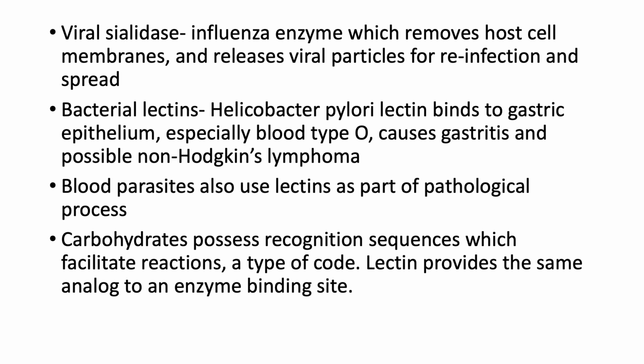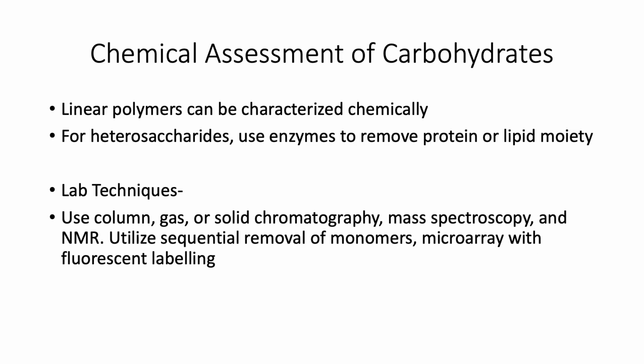Carbohydrates possess recognition sequences which facilitate reactions. This is a type of code. And the lectin provides the same analog as an enzyme binding site. And then finally, for the chemical assessment of carbohydrates, these are linear polymers. They can be characterized chemically. For heterosaccharides, you can use enzymes to remove the lipid or the protein moiety.